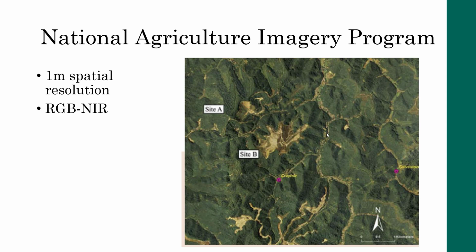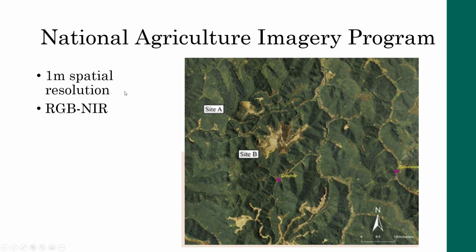So for the visual investigation, you need something that's high enough resolution that you can actually see individual areas with fairly clear focus. The imagery that was chosen was the National Agriculture Imagery Program, or NAIP. This is 1 meter spatial resolution aerial imagery that is collected every 3 to 5 years by the US Geologic Survey.